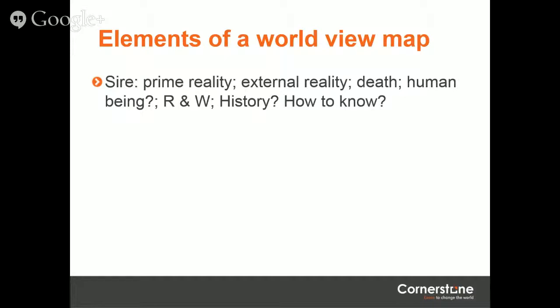For example, what is its prime reality? What is its external reality? What does it have to say about death? About what it constitutes to be a human being? How do we know in the worldview the difference between right and wrong? How do we know what history is? How does the worldview consider history? And how is it that we know what we know?